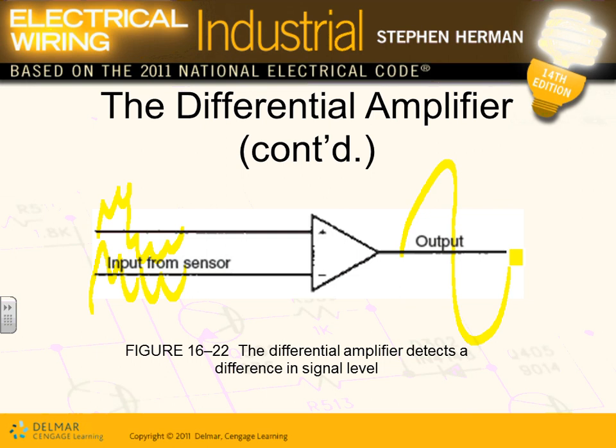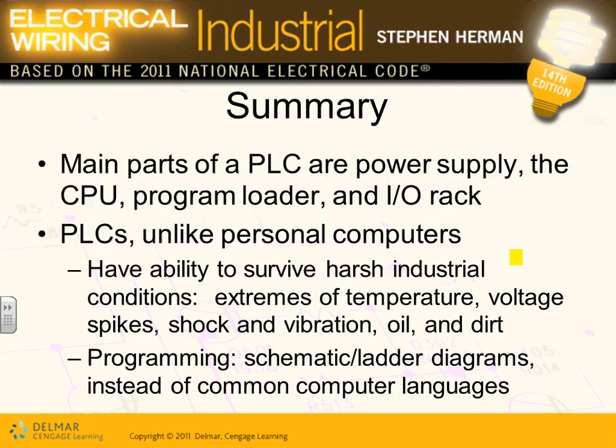Does that make sense? The differential amplifier's job is to amplify the signal, the voice, the signal that we want, and ignore all the noise and interference. Okay, so that's basically what this chapter is talking about, PLCs.